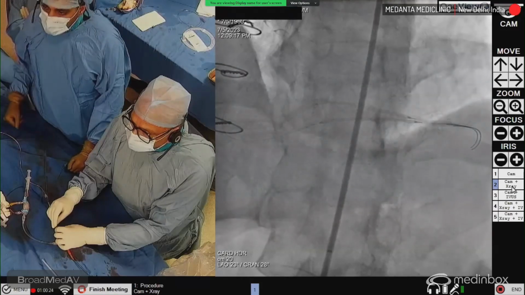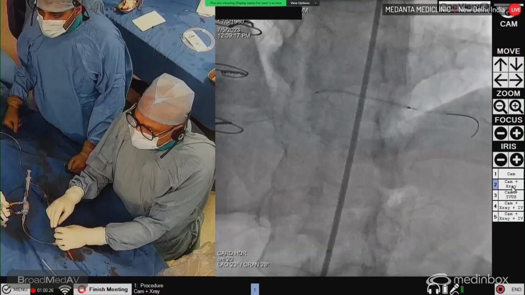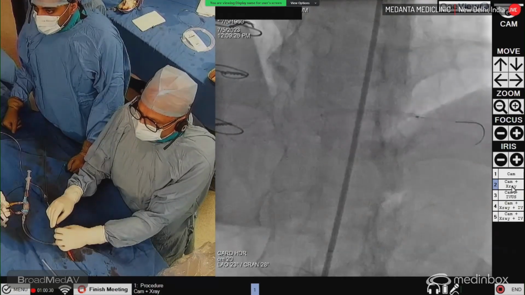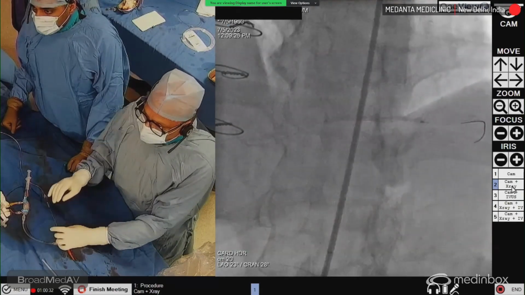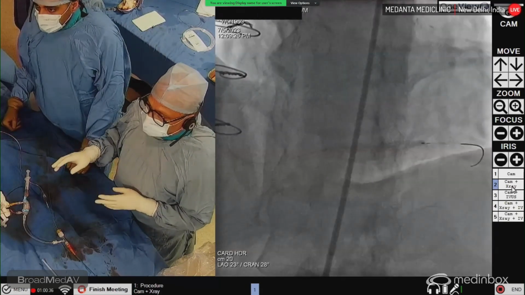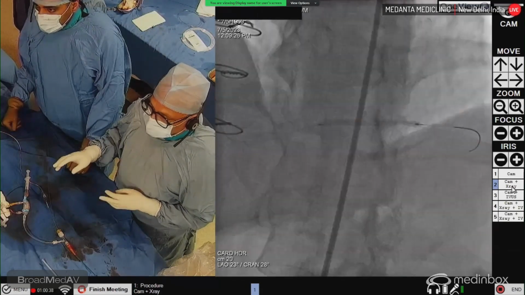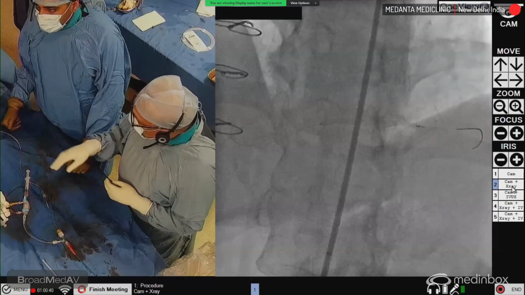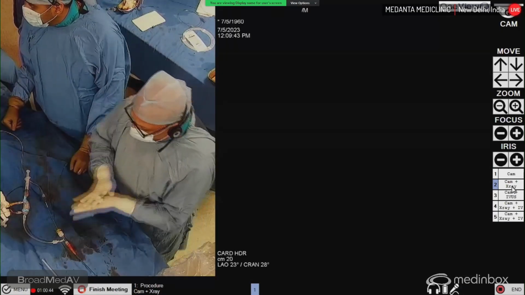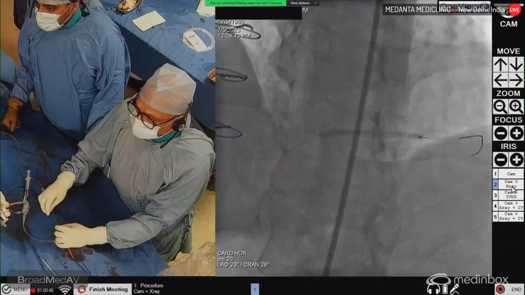Okay, go up. 1, 2, 3, 4, 5, 6, 7, 8, 9, 10. Okay, so we went up to 10 atmospheres, and the nominal is 9 with the Alpine. Yeah, okay.